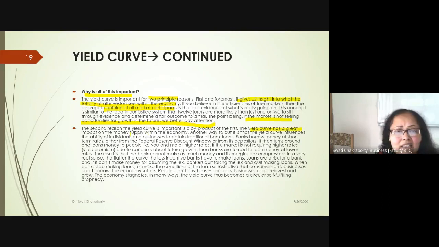The yield curve has a great impact on the supply of money within the economy, right? To explain it in a different way, the yield curve influences the ability of individuals and businesses to obtain bank loans. Banks borrow money, as we said, at short-term rates, either from their depositors or from the central bank's discount window.